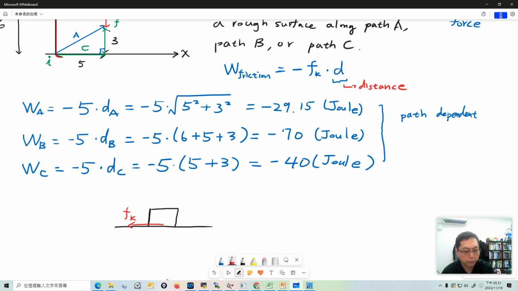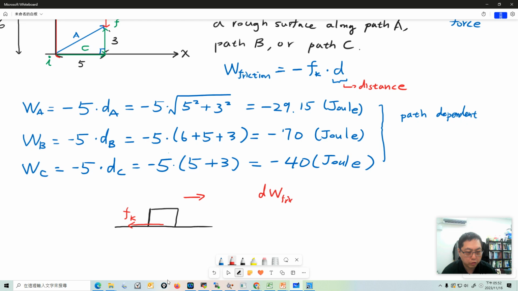If the object is moving in the positive direction, the friction is always in the negative direction. Suppose we have a tiny work done by the friction force.